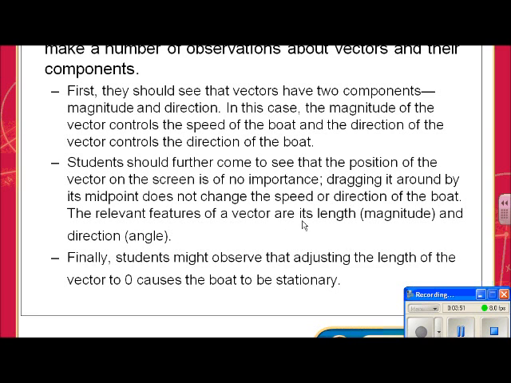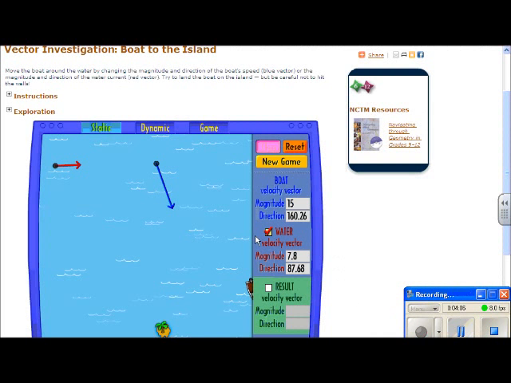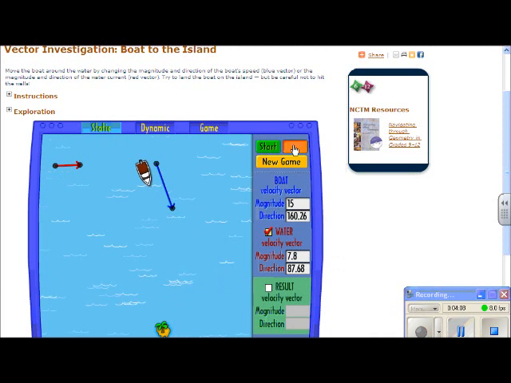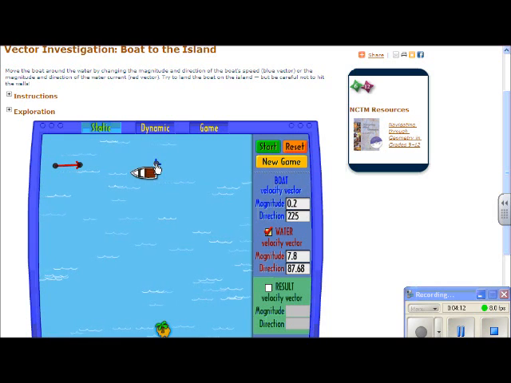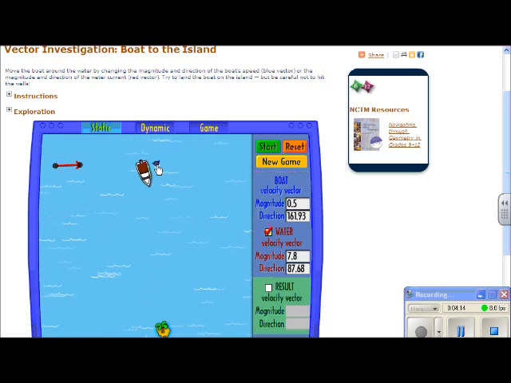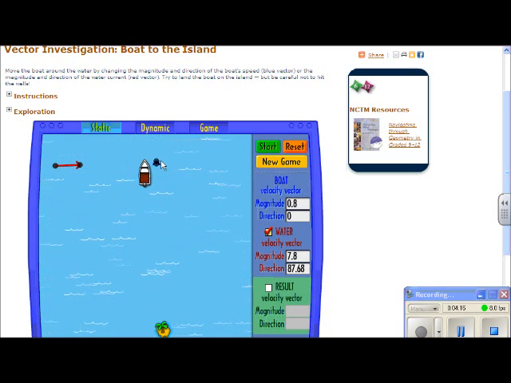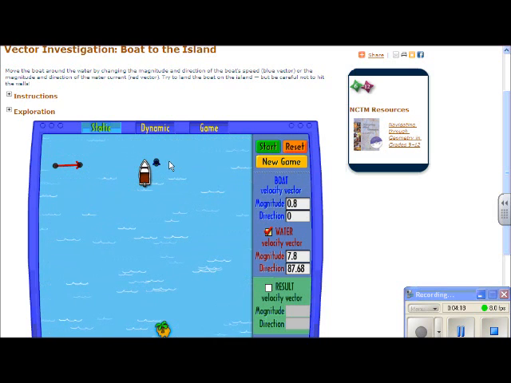The relevant features of a vector are its length, which is its magnitude, and its direction, which is the degrees of the angle. If I adjusted the length of the vector to 0, and I hit start, the boat wouldn't move. So I'm going to reset this. I'm going to move the vector to 0, which is very hard to do. Let's try this again.